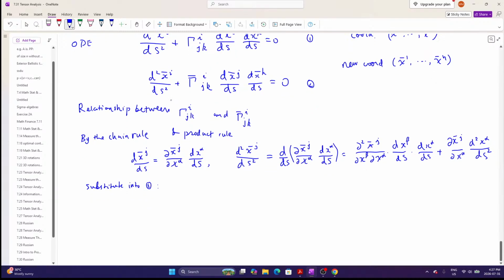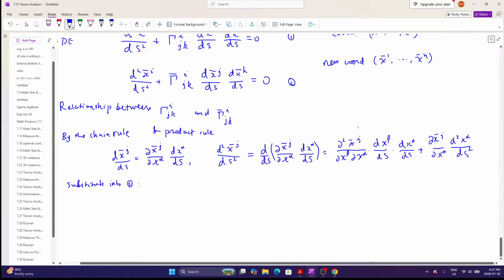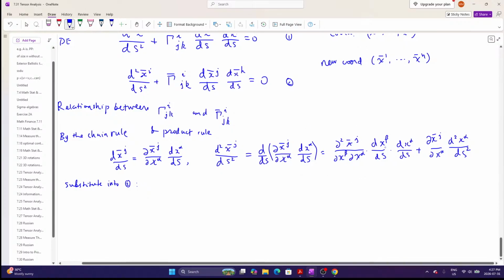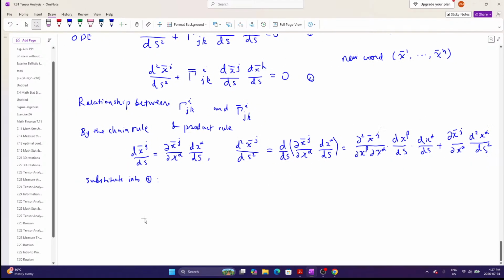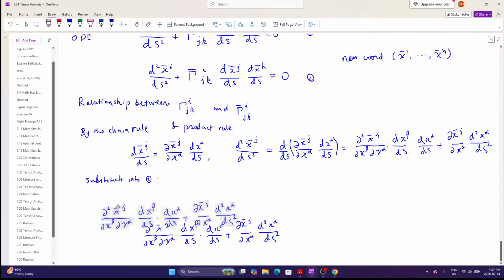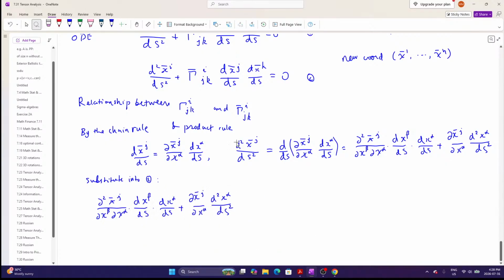Substitute into 2, so the first term would be this thing. This is the second derivative. There you go. All right. And here is the new gamma, which is what we wanted.